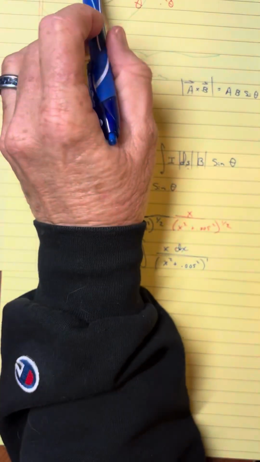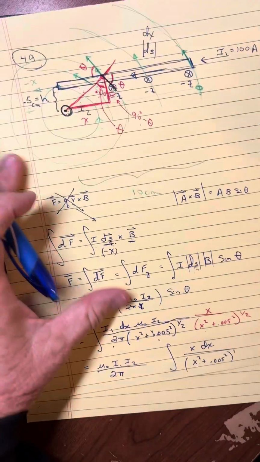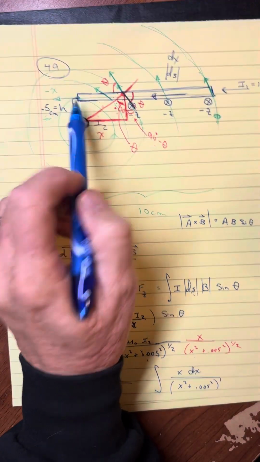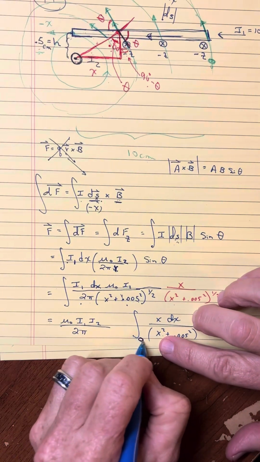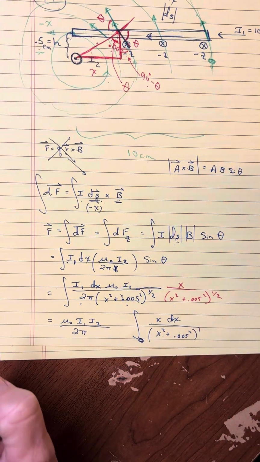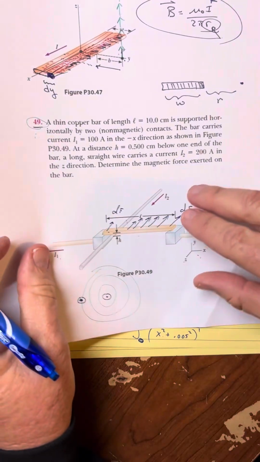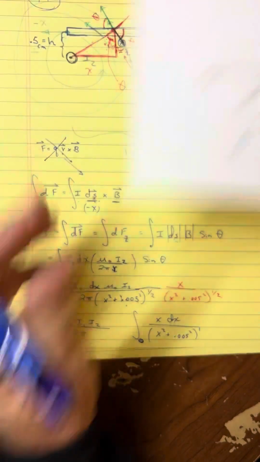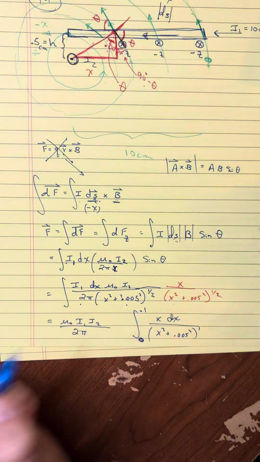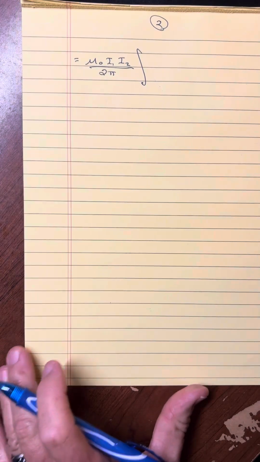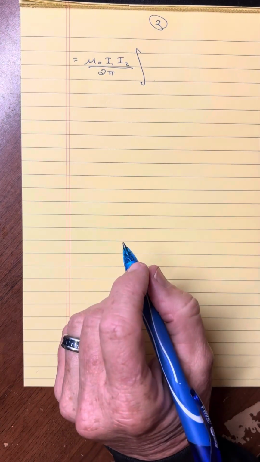So in my diagram, directly over it right here is x equals 0. So we're going to start at x equaling 0. And continuing on until we get to the end of the bar, which is 10 centimeters. And so I'll write it as 0.1. And so that'll be the limit of my x.